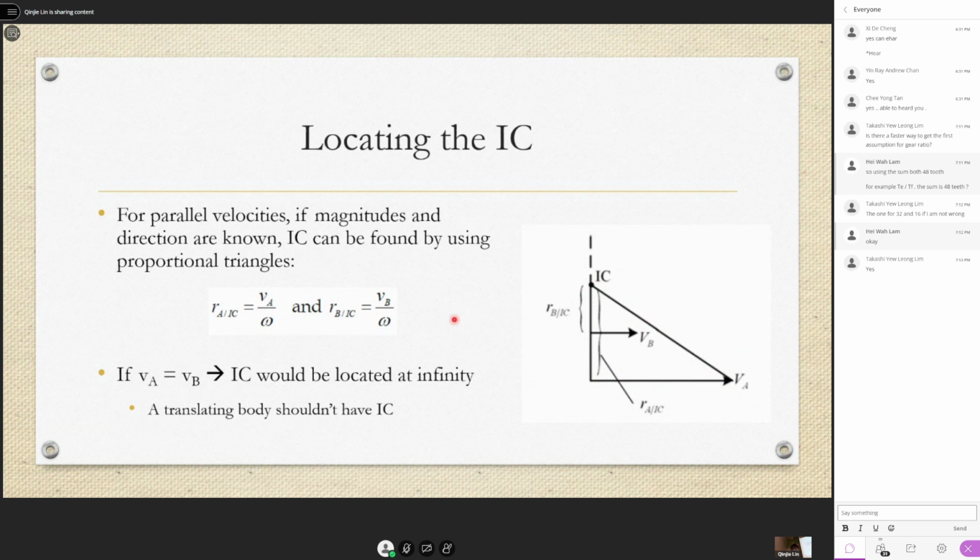Okay. And then point number 2, if VA equals VB, IC will be located at infinity. So it's trying to say if you have 2 points here, imagine A and B, the length is the same. You will not be able to draw a triangle, correct? You'll only be able to draw a triangle if one line is shorter than the other.